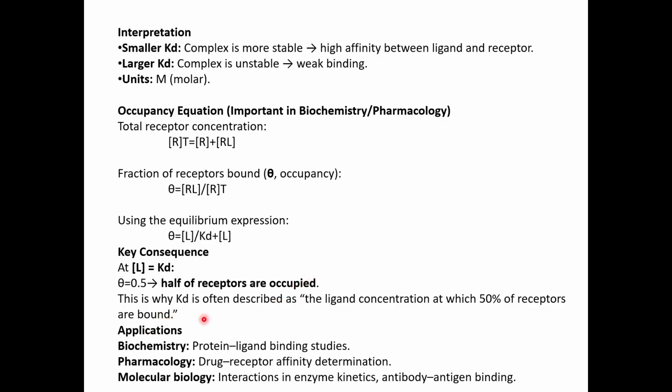So this is basically about the dissociation constant and how it can be interpreted either in this way or this way. Then there are various applications for this, like I said, in drug studies, in biochemistry, protein-ligand binding studies, drug-receptor affinity determination, interactions in enzyme kinetics, antibody-antigen interactions, etc.